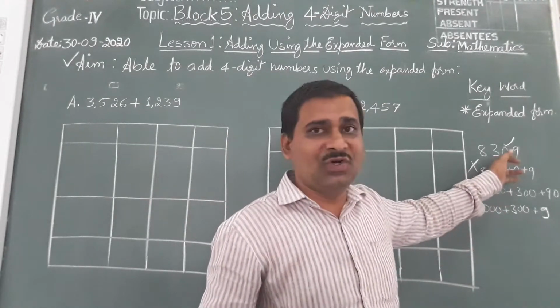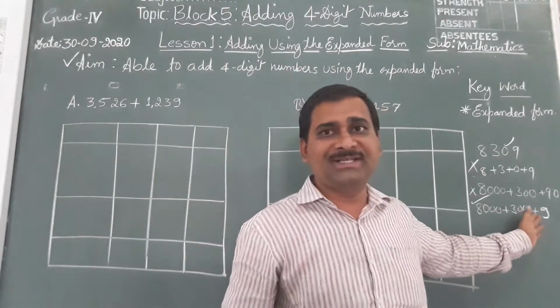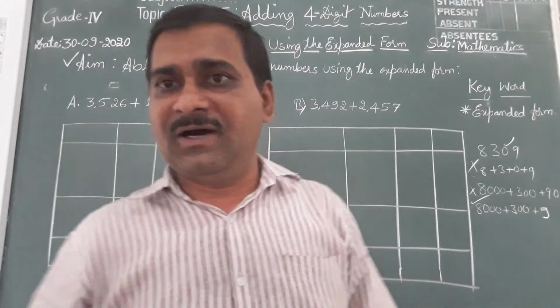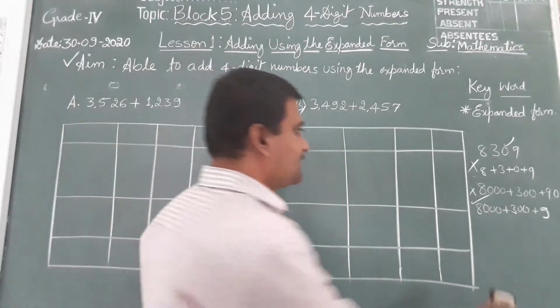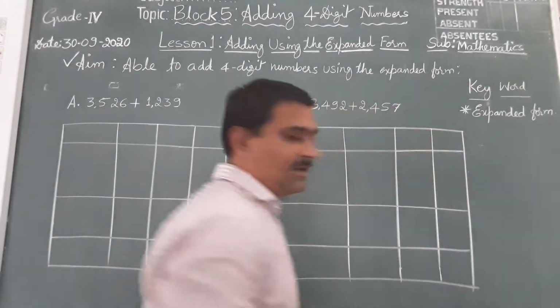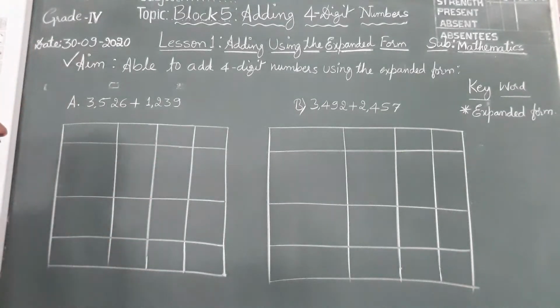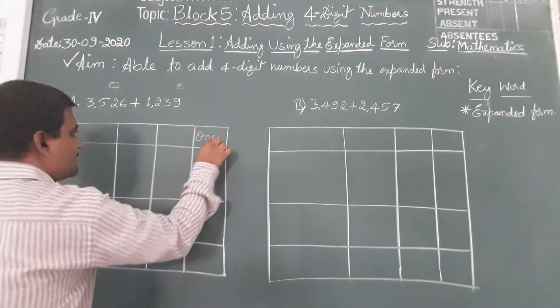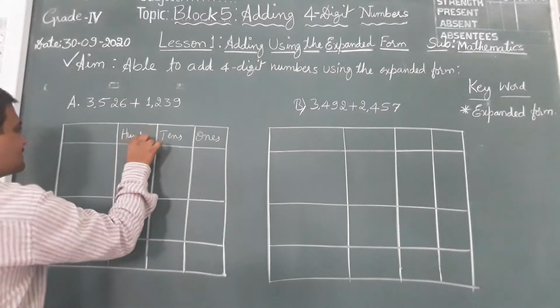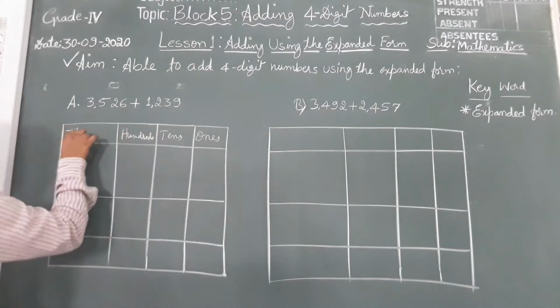There is no tens note, so no question of tens here. Understood, children? So now, with this basic concept, you understood. See, children, these are all you know: the ones place, tens place, hundreds place and thousands place.